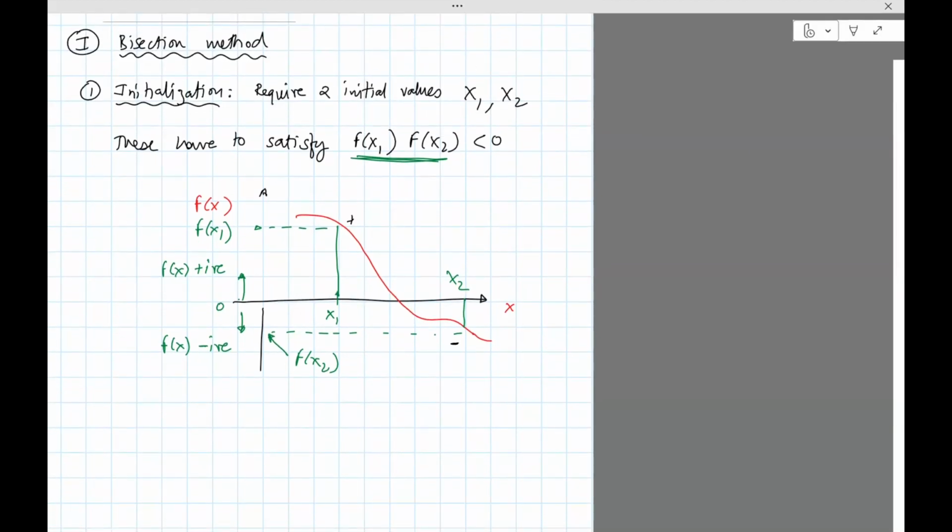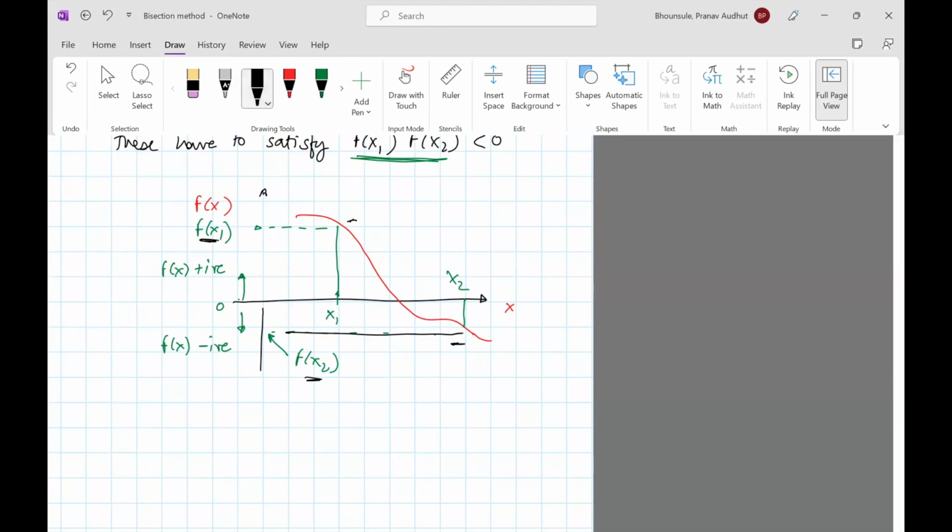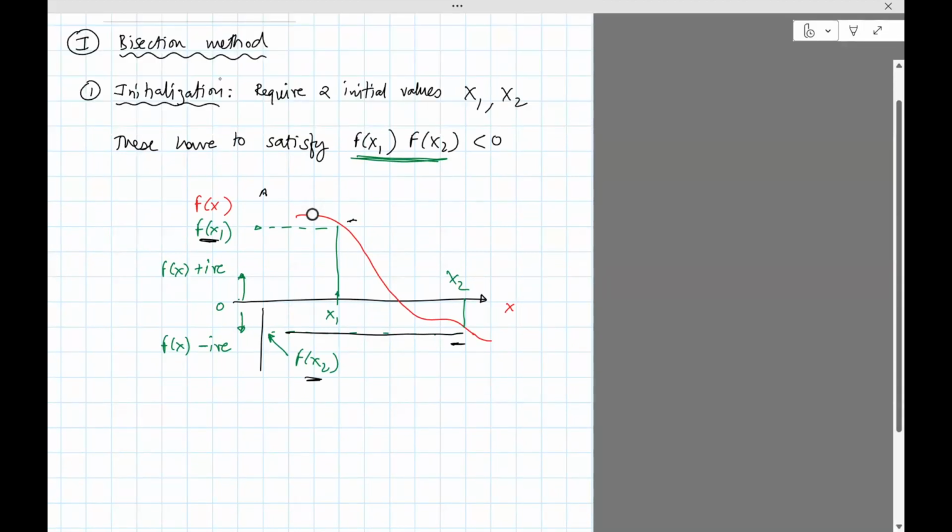Positive, negative. When you multiply this positive value for f of x1 with the negative value for f of x2, which is right here, you get negative. So just by the choice of x1 and x2, you bracket the root.